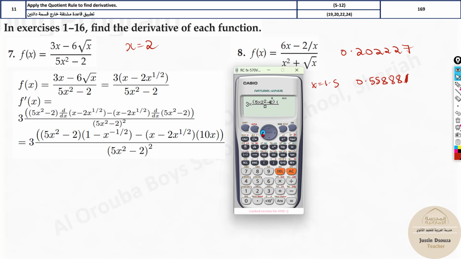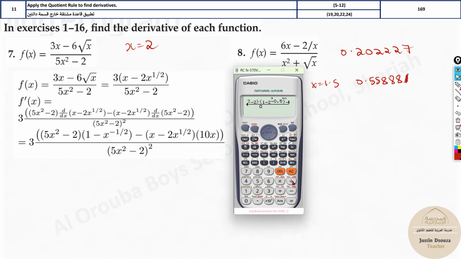Here, I have forgotten to open one of the brackets. See this one, there are two brackets. Now here 1 minus x to the, I'll just write as it is, 2 to the power negative half, that is 0.5. Press this, and now close the bracket. If you don't press that next button, it will close the bracket to the power. That is wrong. You need to press next, close the bracket.